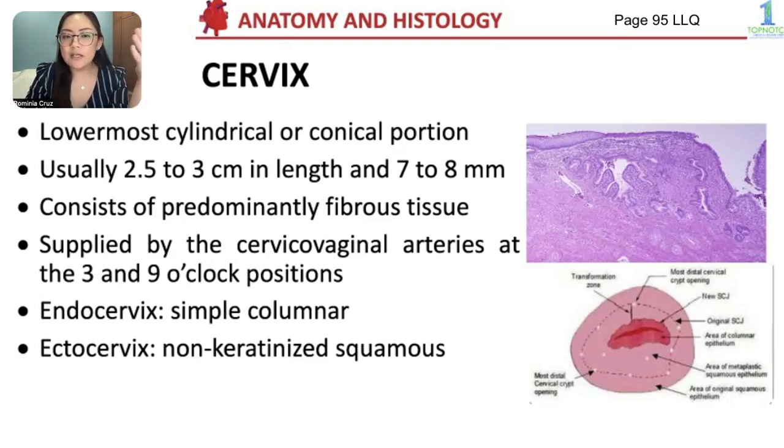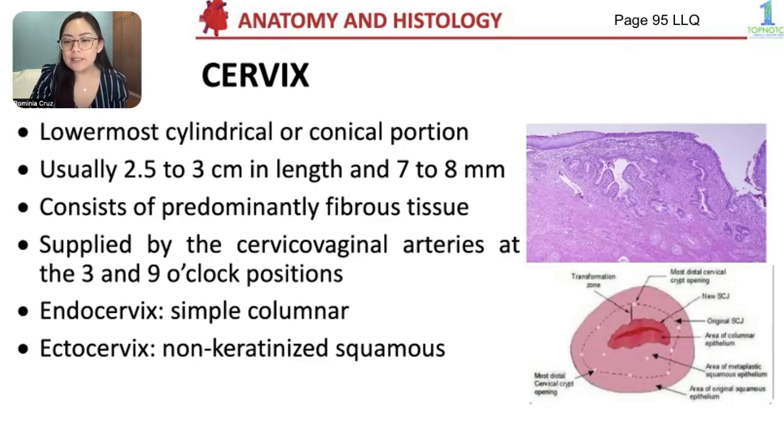Histologically, the endocervix is lined by simple columnar epithelium with mucus-secreting glands, while the ectocervix has non-keratinizing squamous epithelium. The junction between the two, the endocervix and your ectocervix, is termed your squamocolumnar junction, since it's the junction between your simple columnar and your non-keratinizing squamous epithelium.